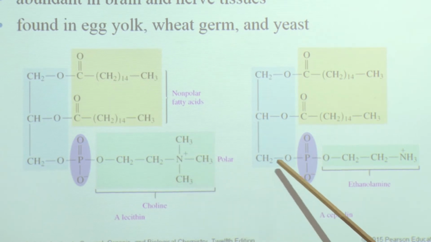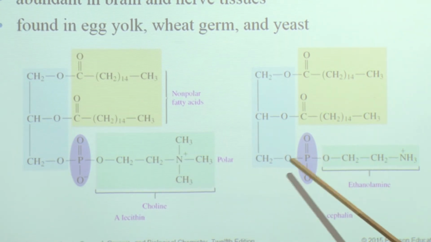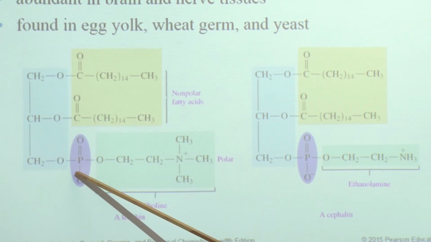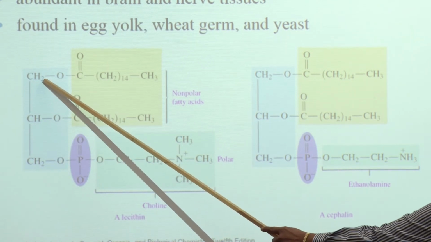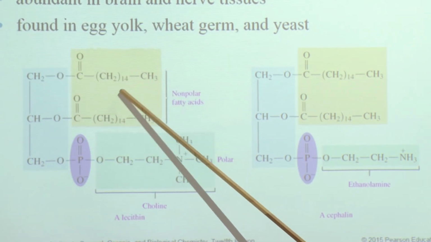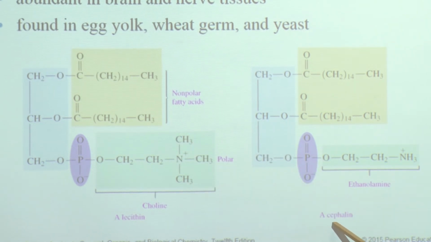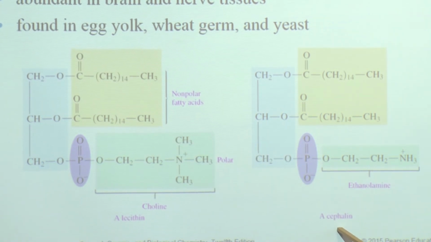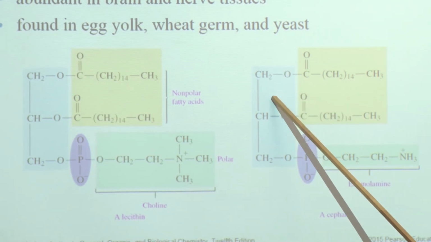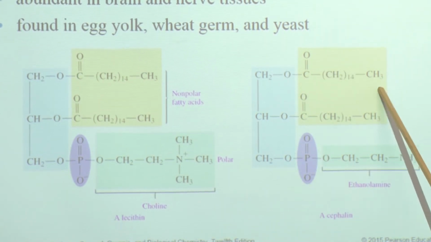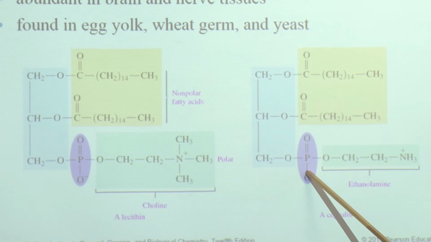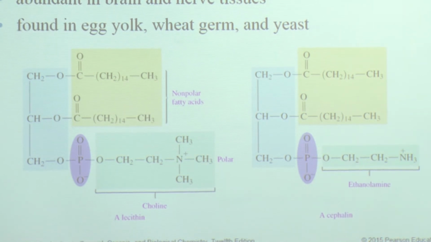This is the phosphoric acid molecule. This is the glycerol, and these are the two fatty acid molecules. Here again, this is the next glycerophospholipid: glycerol, two fatty acids, phosphoric acid, and the amino alcohol.